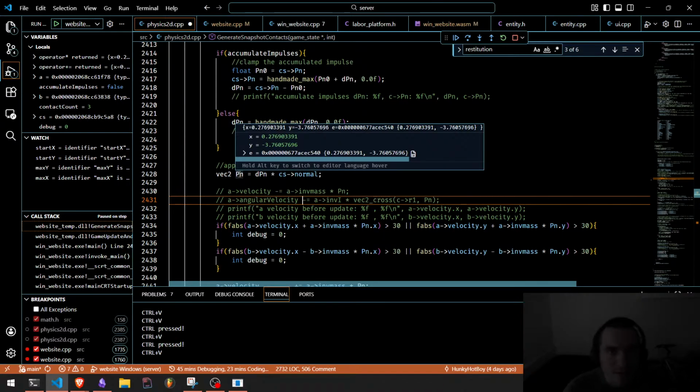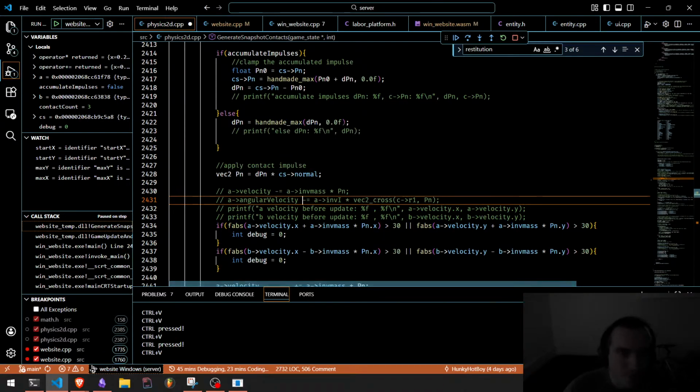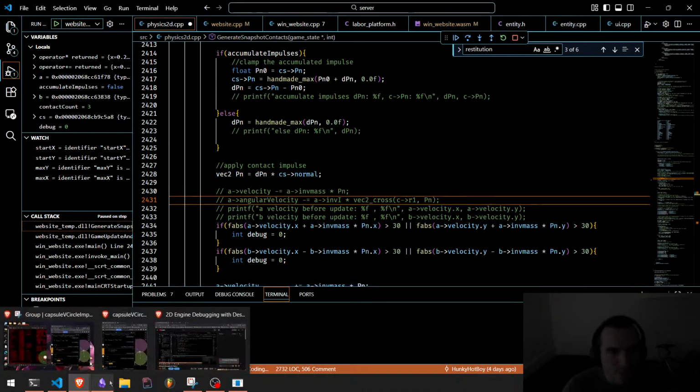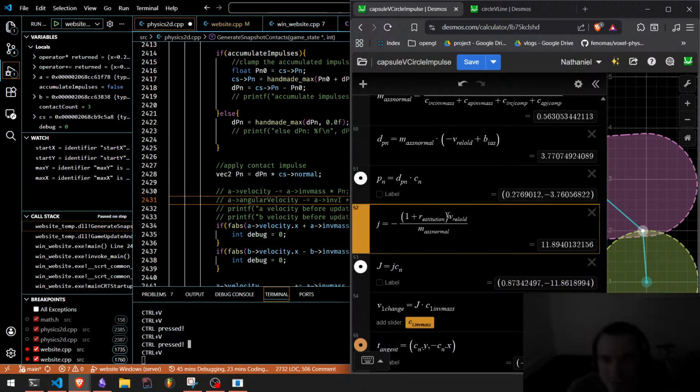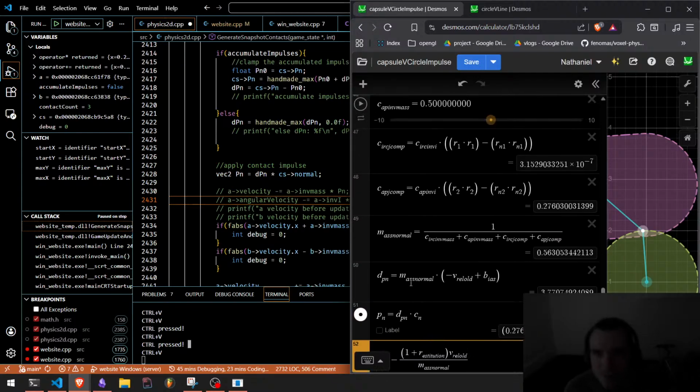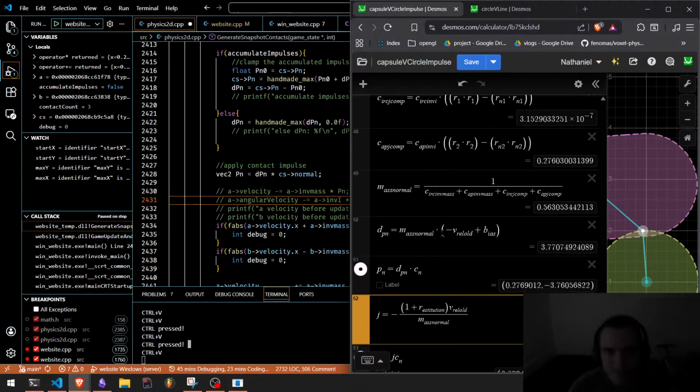Oh, and then this is the impulse, because we multiply it by the contact normal, and that's the next step. Mass normal is correct. dPn is correct.